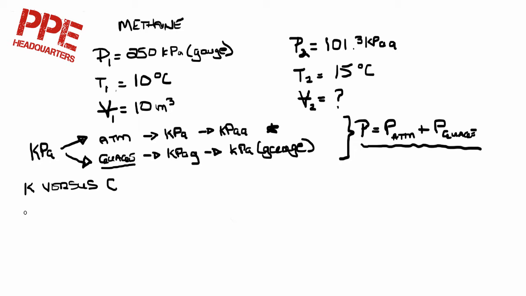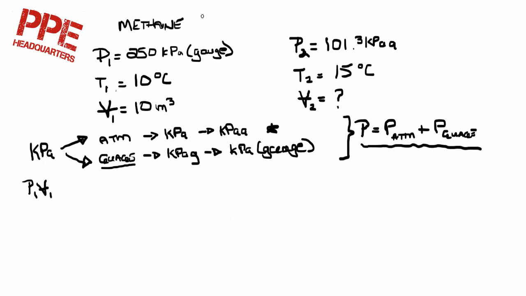Okay, so back to our question here. We basically have two states going on. I think you guys understand this stuff now. We have the state previously, and we have the state of standard conditions later on. Okay, so let's just take ourselves through this. We know our P1, our ideal gas law.